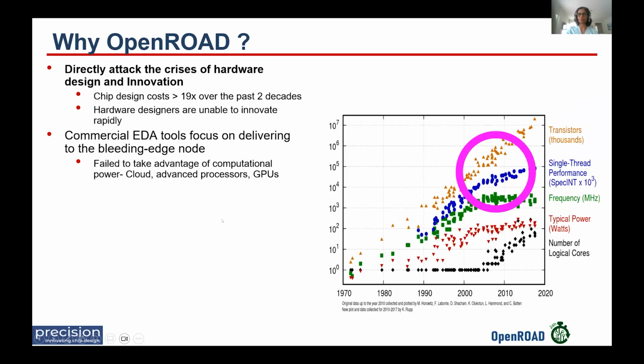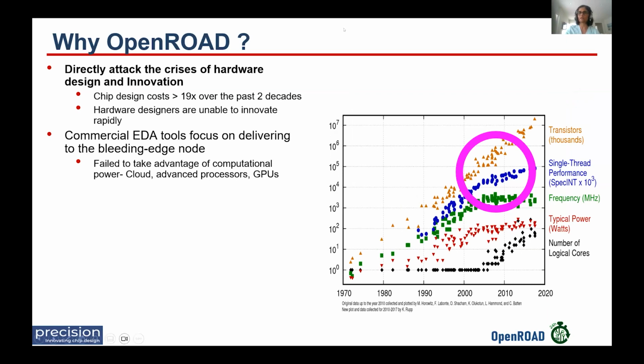And furthermore, I do want to point out that it's also about being able to take advantage of computational efficiencies that have occurred over time. So the whole availability of very high performance GPUs and processors that have been possible over the last couple of decades is something that current tools don't take advantage of fully.